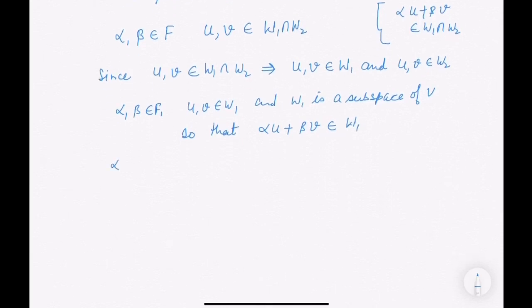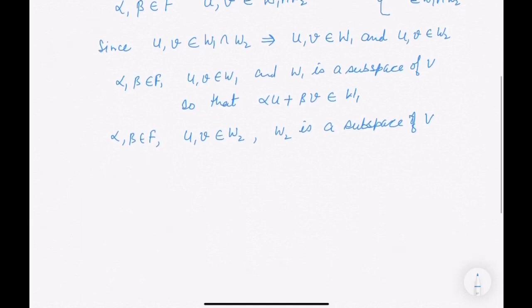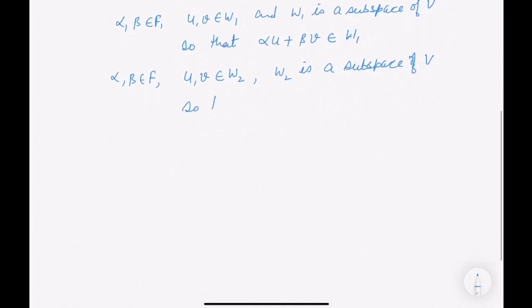Similarly, alpha, beta belong to the field, U and V are members of W2 and W2 is a subspace of V, so that alpha U plus beta V belongs to W2, because this element belongs to both sets W1 and W2.